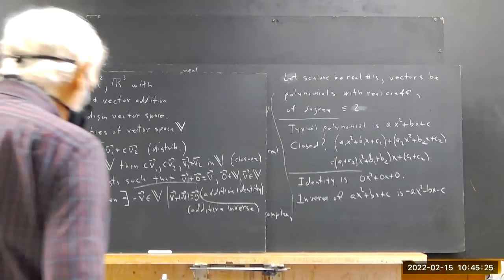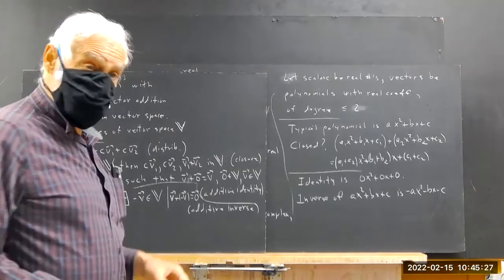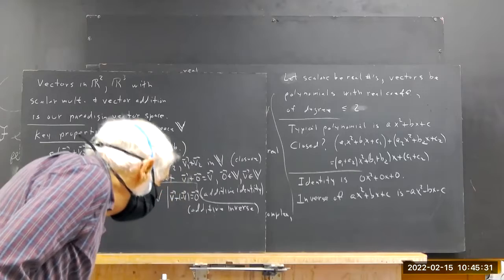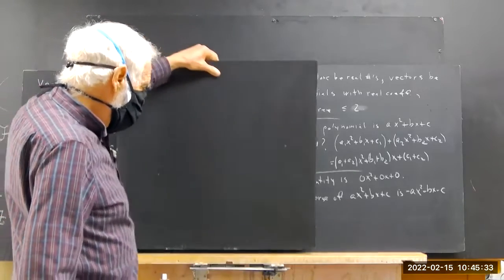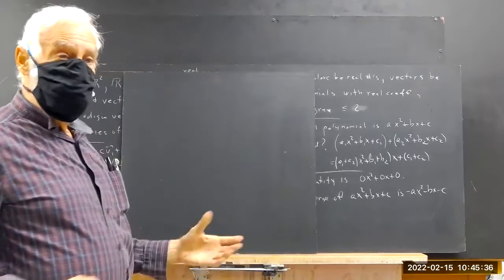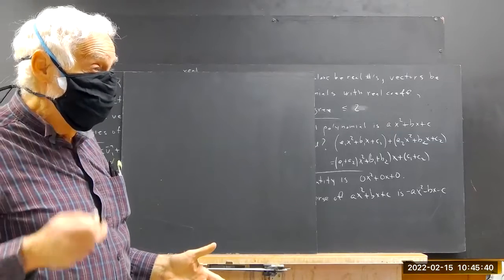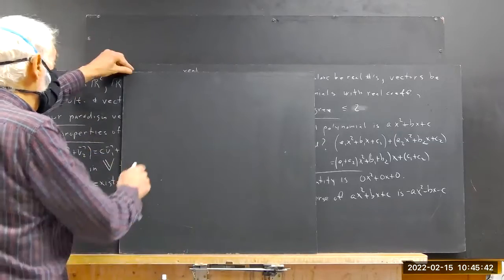So that ought to give you some feeling for the idea of what a vector space is, and vector spaces can be a lot of things. Make sense? Okay, now subspaces.